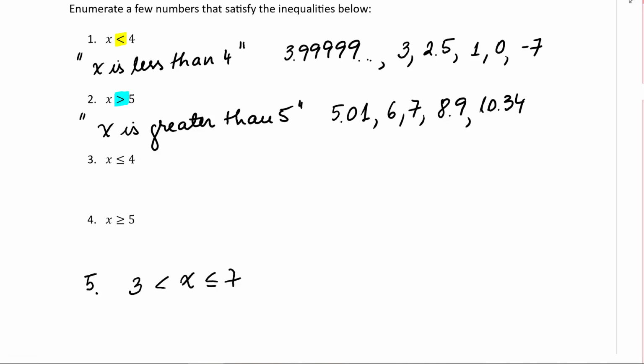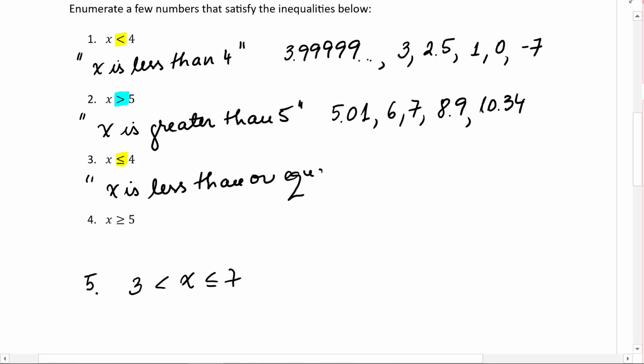Well, if we take a look at the third problem, it says x is less than or equal to 4. Or in other words, I can say x is at most 4. What does that mean?